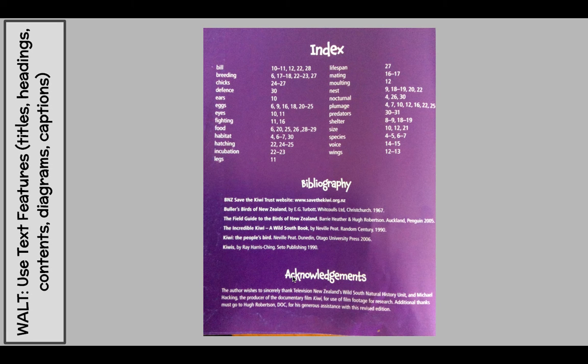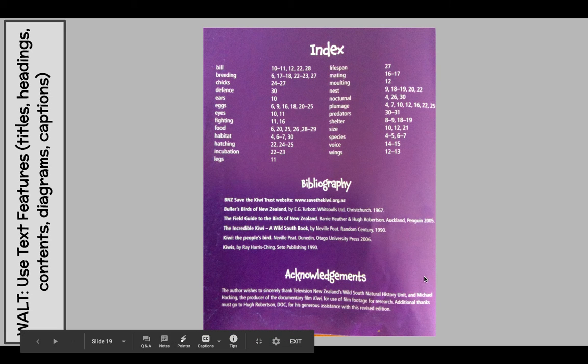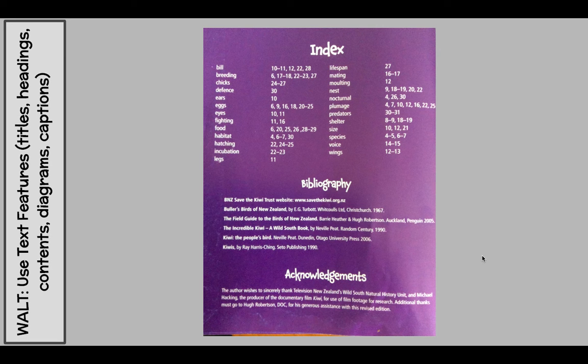And an acknowledgement. So this author wanted to thank Television New Zealand's Wild South History Unit because that's where she gathered information, and also she used some of the film footage. So that's using text features, titles, headings, contents, diagrams, and captions.